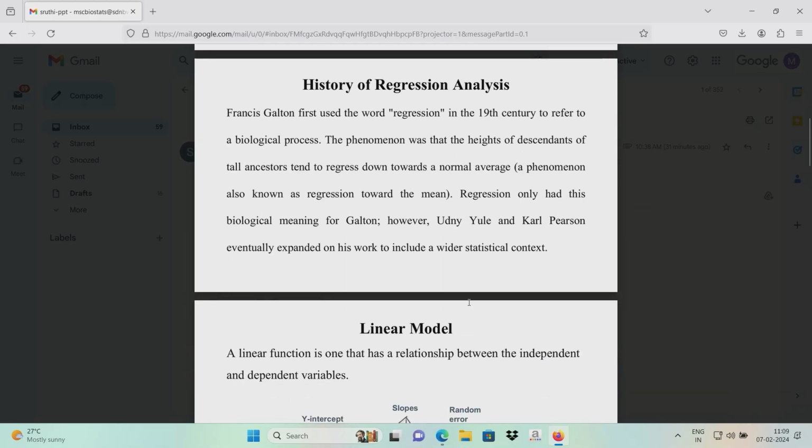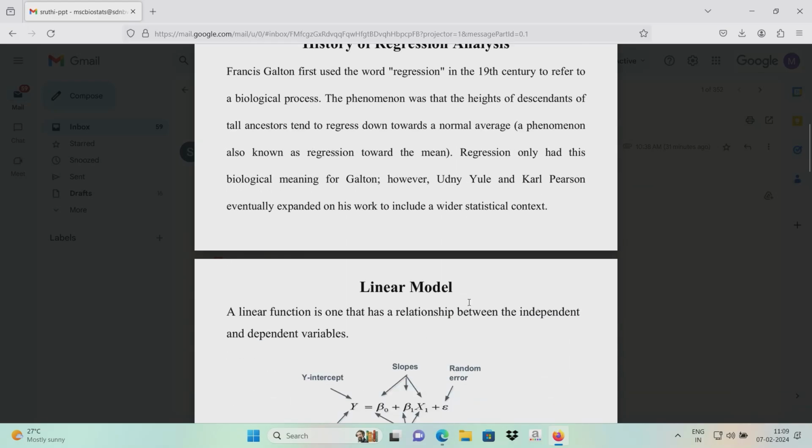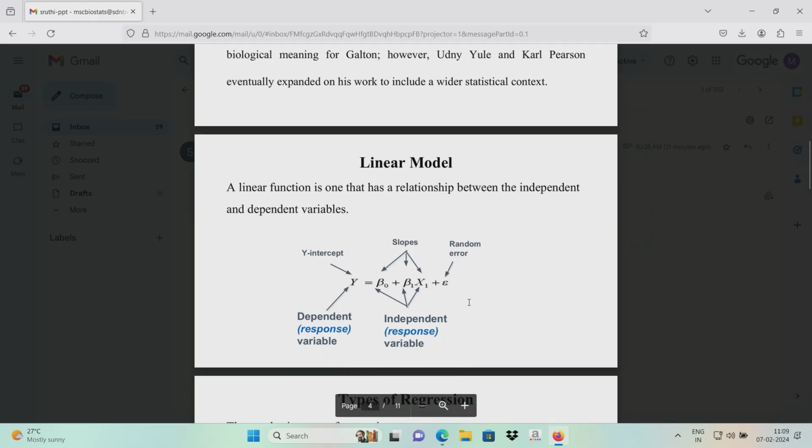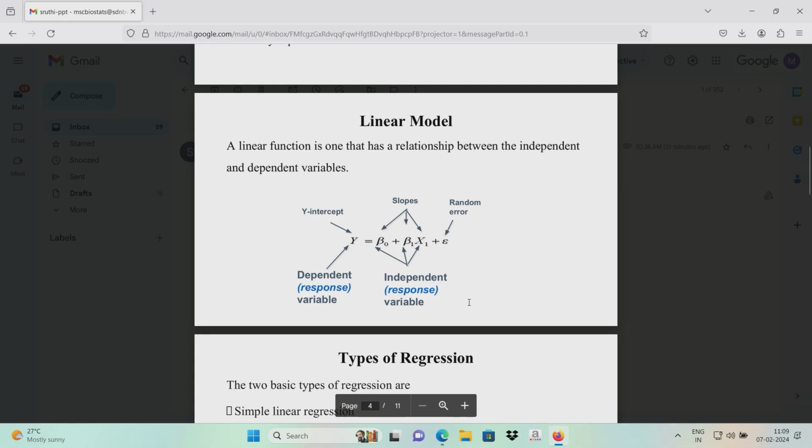Before entering into the regression model, let us see the base of regression analysis. The base of the regression model is taken from a linear model, which is y equal to a plus bx, otherwise known as y equal to beta naught plus beta 1 x1.